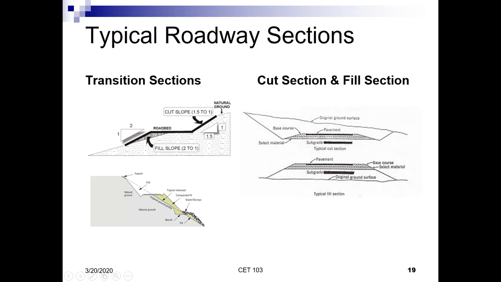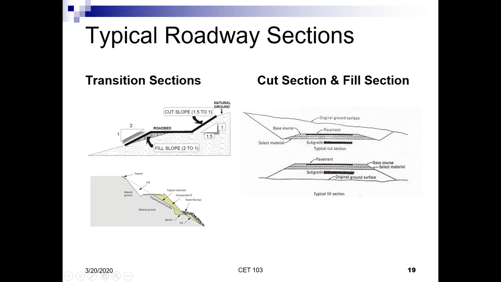Off here on the lower one, you'll see a similar example where the original ground was already here, and in this situation, the builder intends to excavate or remove this area in here. The concept of a transition or mixed section means that the designer would like to use that material, preferably of good source and quantity, so that it can be put down on this section right here, where we would provide a fill.